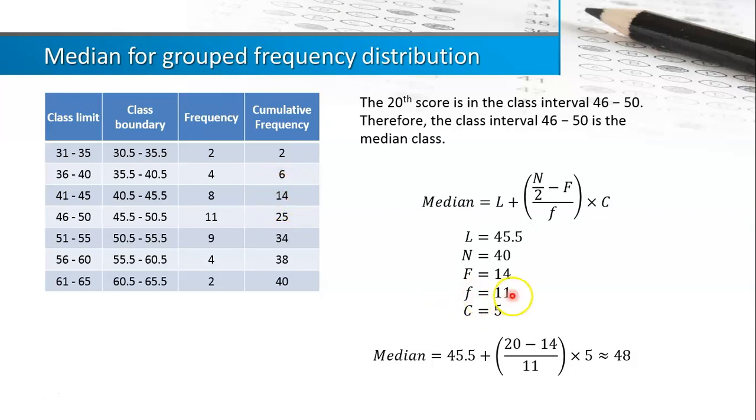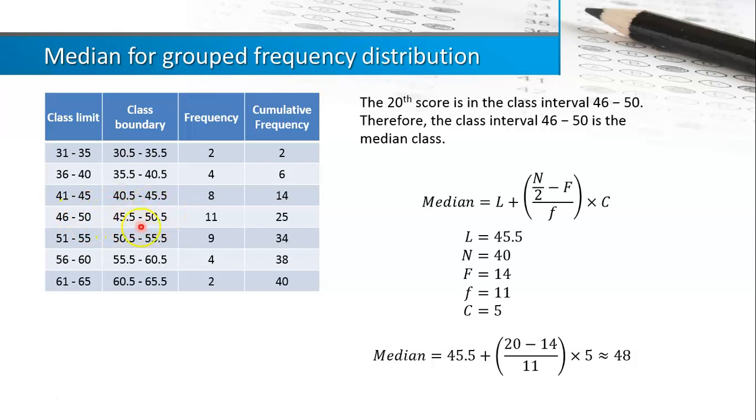Small f is 11, the frequency of the median class. And C is the width; you just subtract any two consecutive class boundaries, for example 65.5 minus 60.5, which gives 5. Then put the values into the formula: 45.5 plus 20 minus 14 divided by 11 times 5. So the median is estimated at 48.